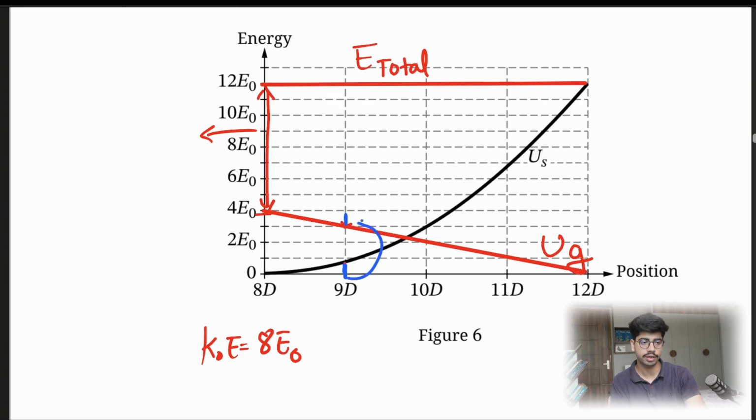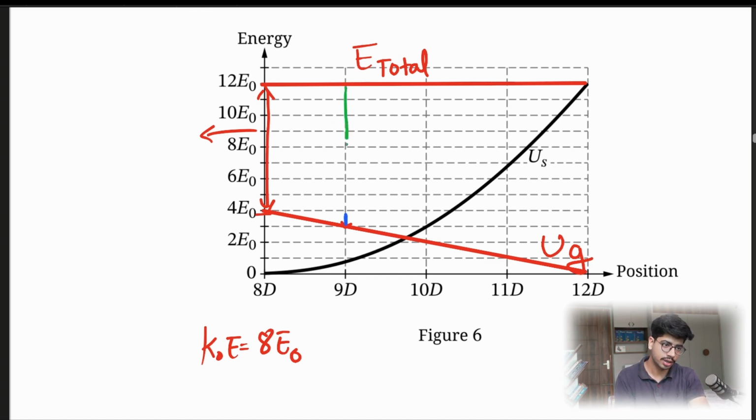This part I added here because the total energy, whatever is lost, gravitational potential energy and spring potential energy, goes into the kinetic energy, correct? So here we have some spring potential energy, correct? So it is slightly lesser than 1 E naught.